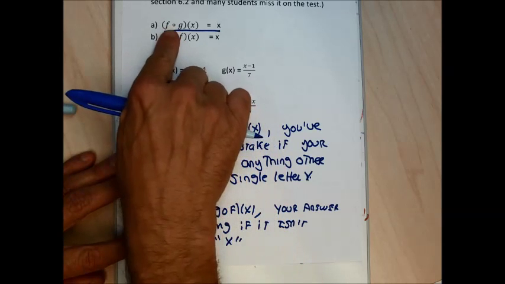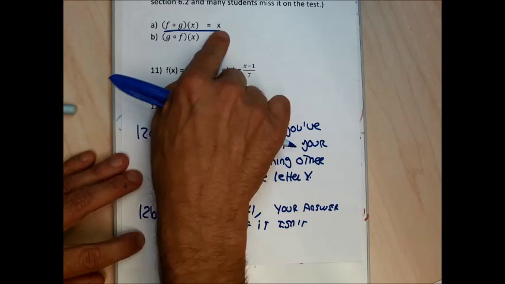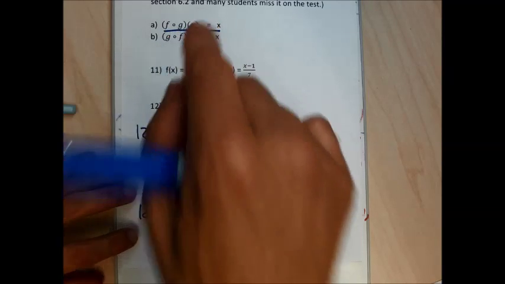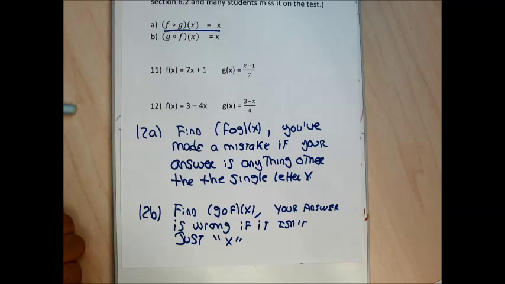So when it says show that f composed with g of x equals x and g composed with f of x equals x, it just means to find f composed with g of x and to find g composed with f of x. And it's trying to help me out. It's trying to tell me what answer I'm expecting to get.